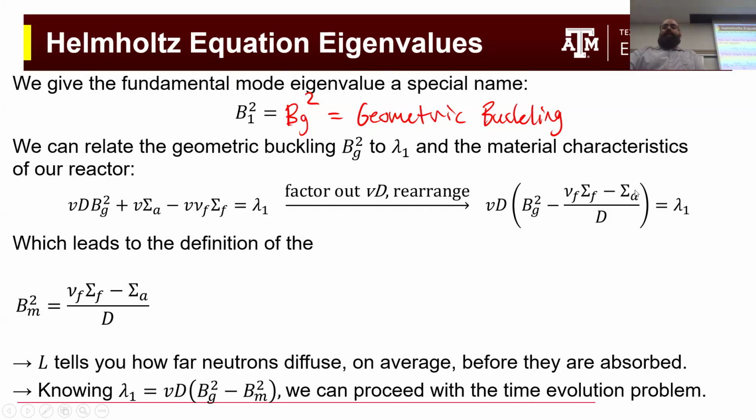The reason that we write it like that is because this quantity next to BG squared has its own definition, and we call that BM squared, which is the material buckling. So that thing next to the BG squared is what we call the material buckling.